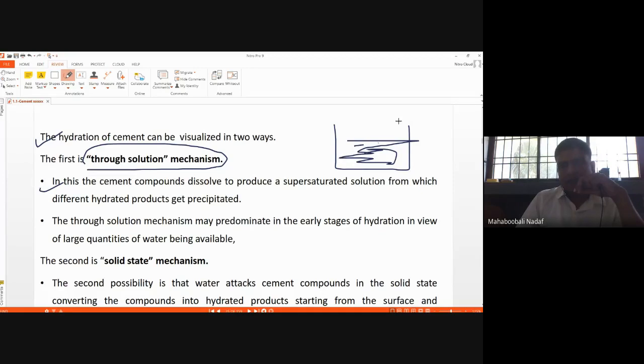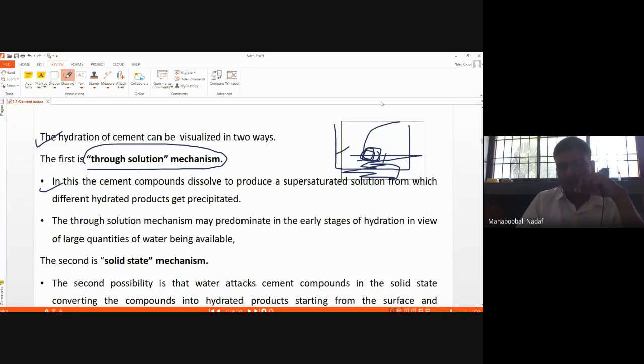When you add some dry cement, more water is there, and cement is also there. Initially the dry cement will dissolve in all the parts of the water. That is why we call it a through solution. Only when it dissolves, it starts forming gel.